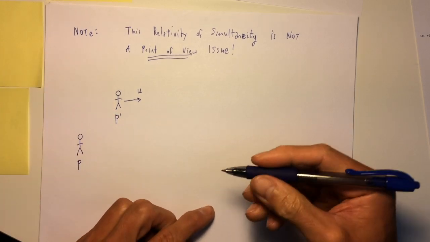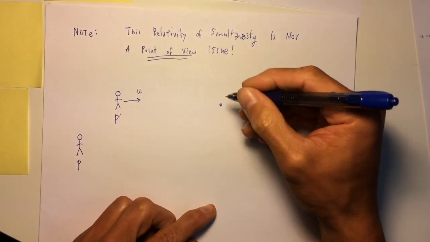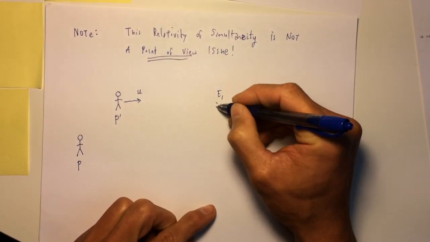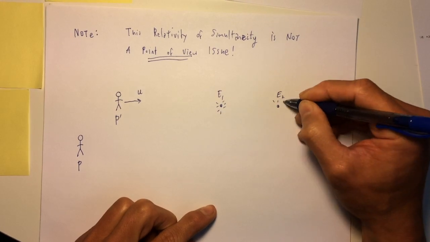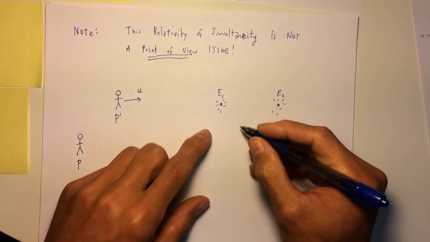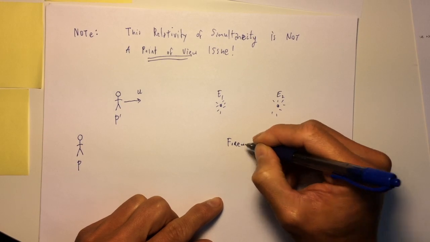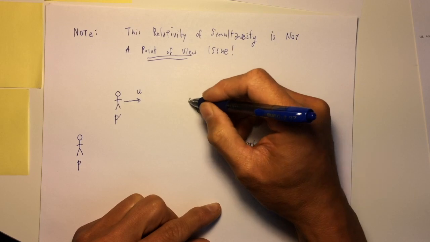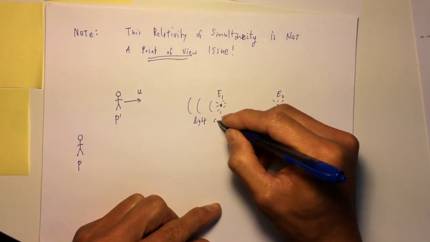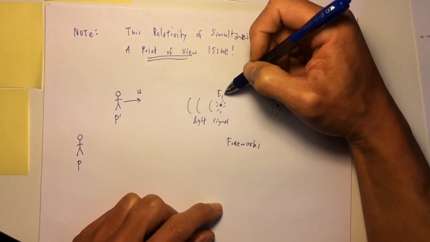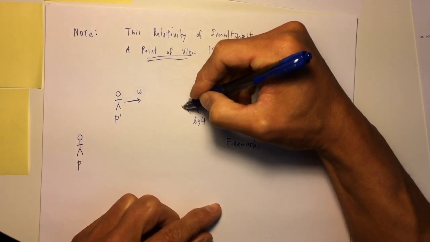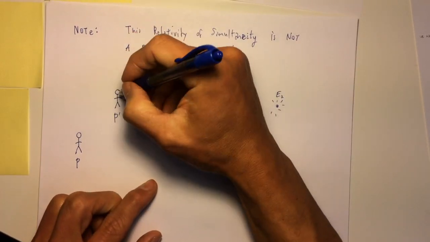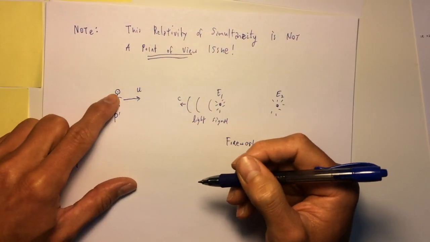So this person's moving, and here are two events, event 1 and event 2, and they go off at the same time. Let's say that they are fireworks. So a light signal travels from event 1 at the speed of light and gets to person P prime's eyeballs.